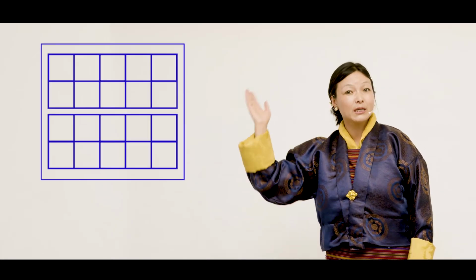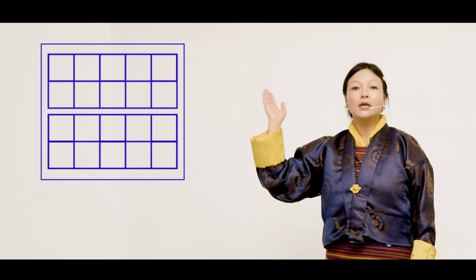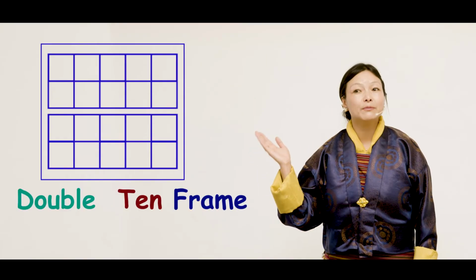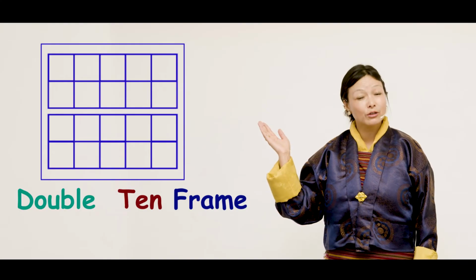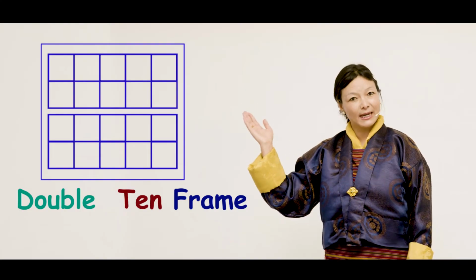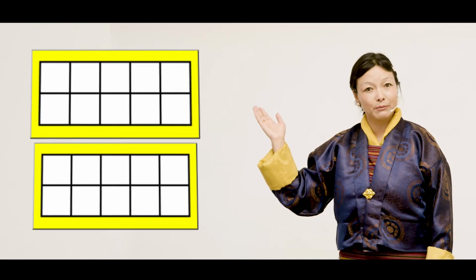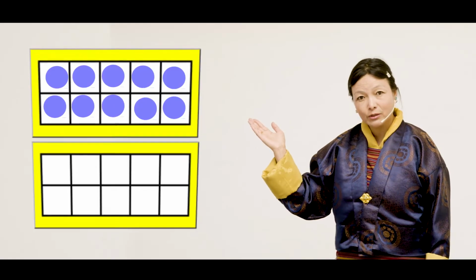Now, can we move to the next number? Okay, how many 10 frames here? 2 10 frames. Whenever there are 2 10 frames, we call it a double 10 frame. Can you all say it once more? Double 10 frame. Now, if you look at this, you will see one 10 frame is full. Do we need to count?